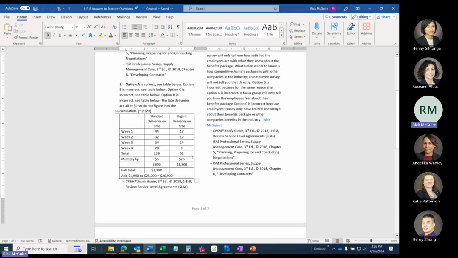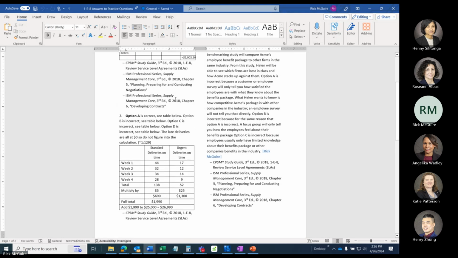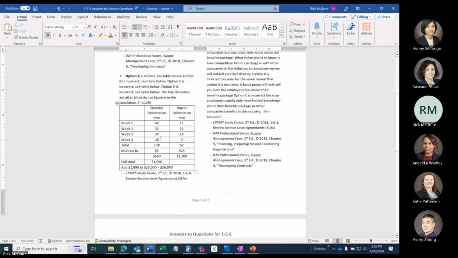This one's a little bit different, but option A is what you want. And the math is here. So come up with 138 and 52. You multiply by 5, you get 690. You multiply by 25 and you get 1300. Add the two together, 1990. Add that to 25. There you go.